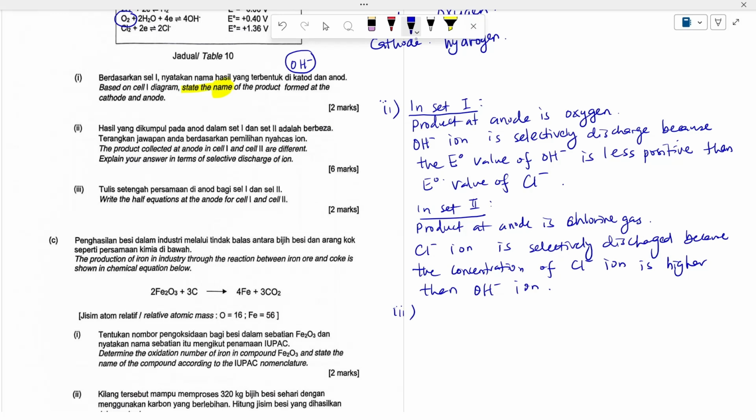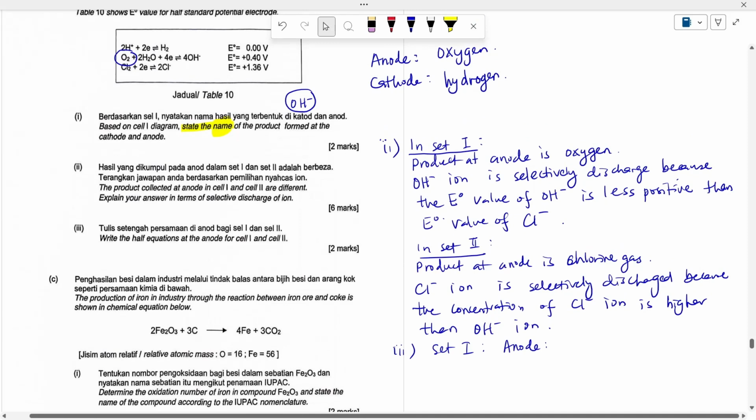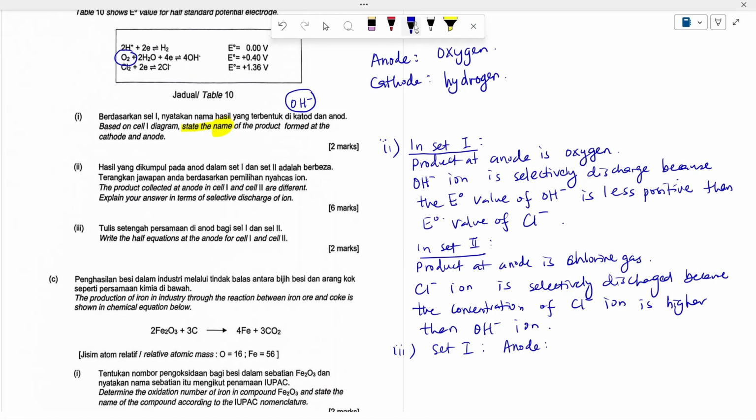Now number 3. Write the half equation of the anode for cell 1 and cell 2. So for cell 1 at the anode, the half equation we can refer to here, because we select the hydroxide for set 1. So for OH, we just copy from the anode cell there.